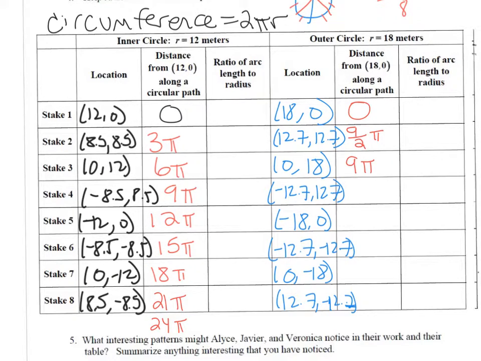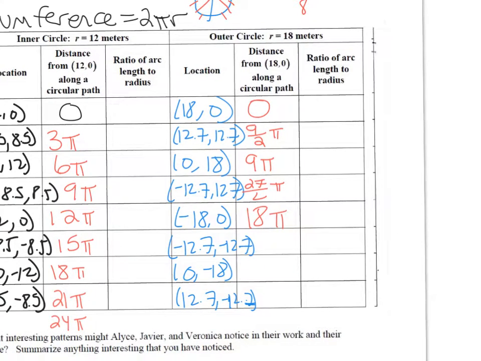Now it gets tricky. Now we're going to add another one. So 9 plus 9 over 2 is 27 over 2 pi. And then the next one would be 18 pi. And then we have to do 18 pi plus another 9 over 2. If the fractions are bothering you, write them out. You need a common denominator.